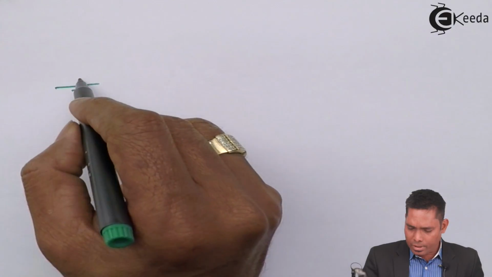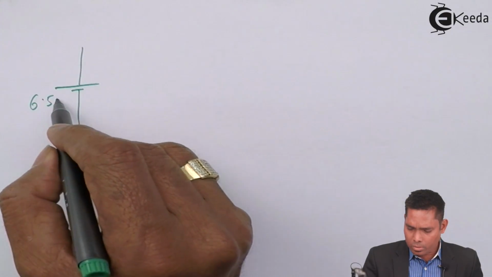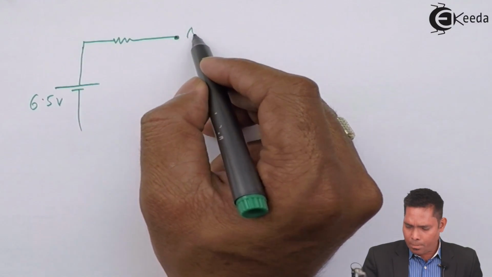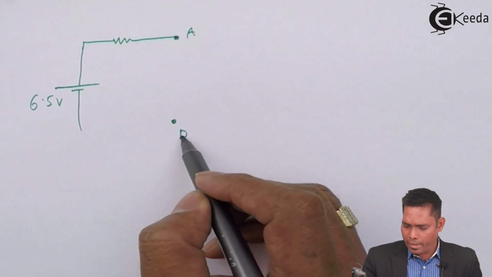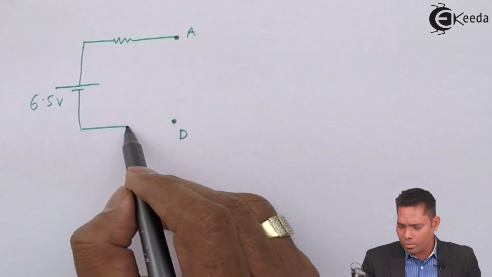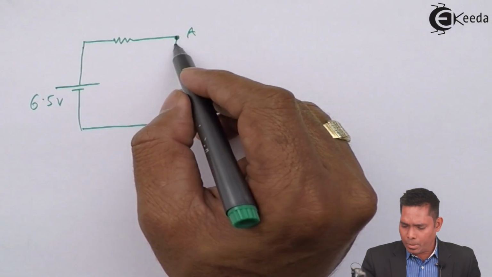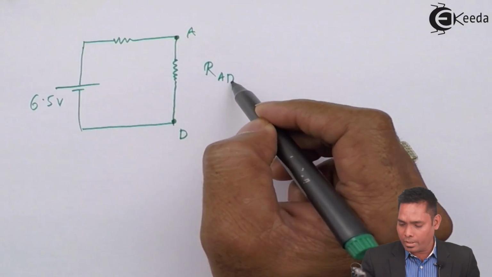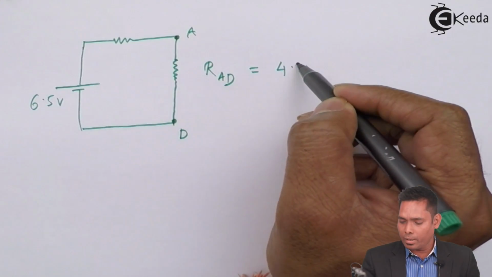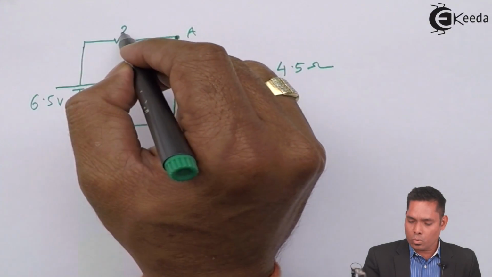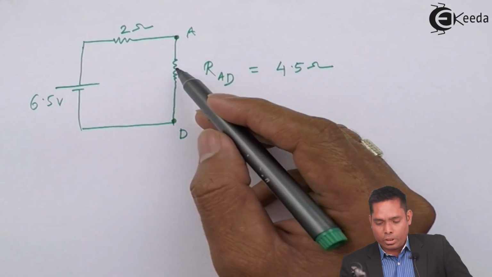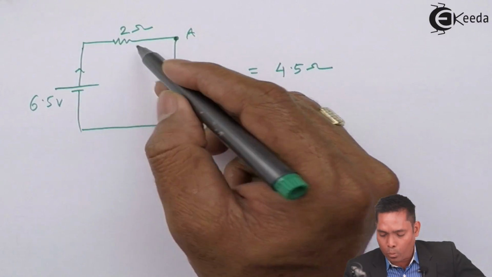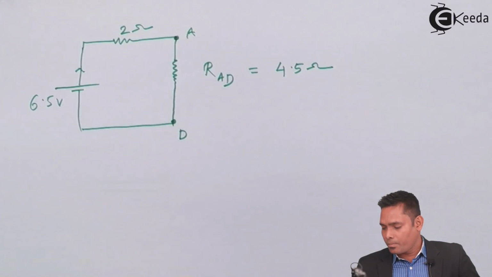This is simplified: this is 6.5 volt, there is a 2 ohm resistor here. Now this is point A, this is point D, and there is no connection over here, and between A and D we have RAD equivalent resistance, which is 4.5 ohm. This is 2 ohm, and this is 4.5 ohm. Whatever current comes in goes through both the resistors, so they are in series.